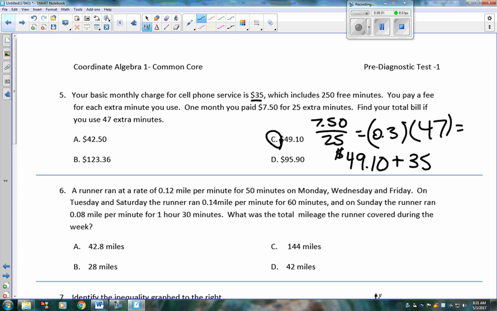So 47 times 0.3 is 14.1. Okay, so really 0.3 times 47 is $14.10. Then we have to add it to 35, which gives me $49.10. So $49.10 is how much I would have to pay if I used 47 extra minutes.